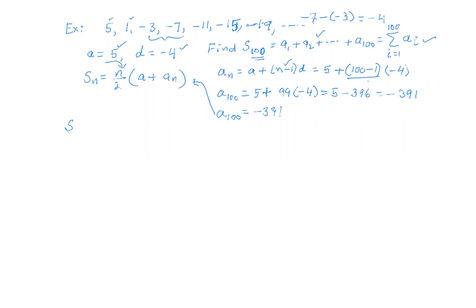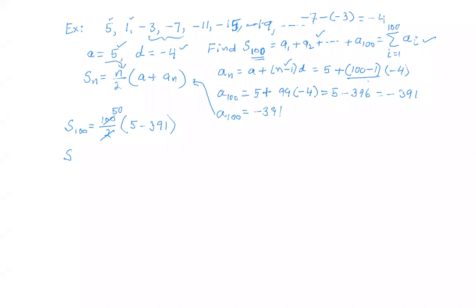Now you just take these values and plug them in here. So S sub 100 is equal to n, which is 100, divided by 2 times A, which is 5, plus A sub n, which is negative 391. So 2 goes into 100 50 times.